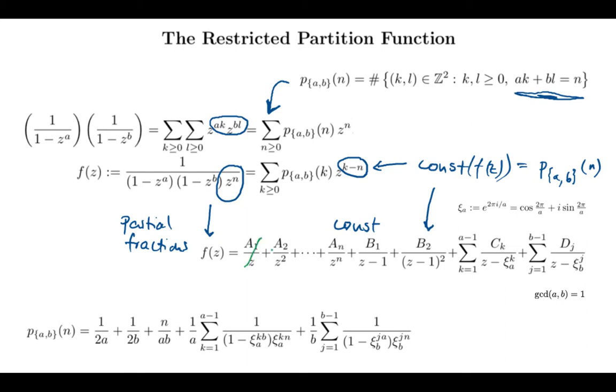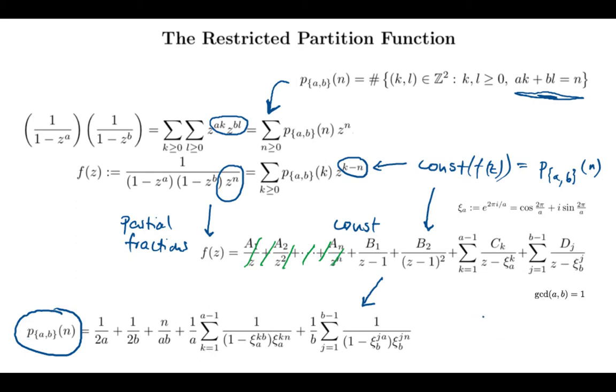This really means I can neglect this first part, and after computing these coefficients in the partial fraction decomposition, b1, b2, the ck's and the dj's, and you're doing some of this in the exercises, now I'm actually computing the constant term, and as we said above, what this gives now is an actual formula for this restricted partition function.